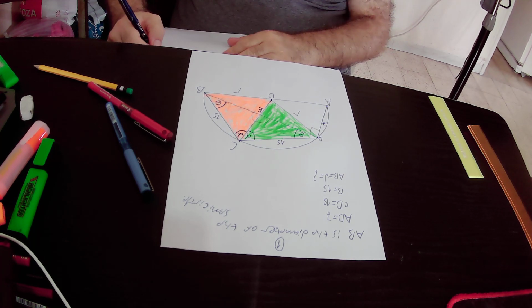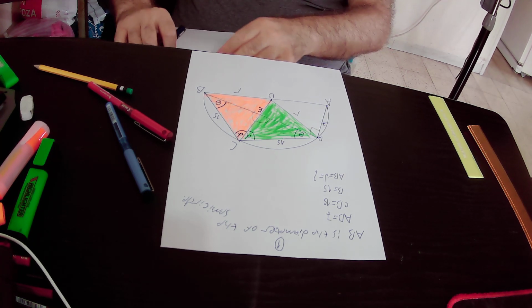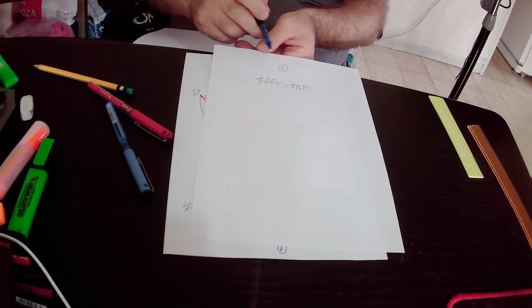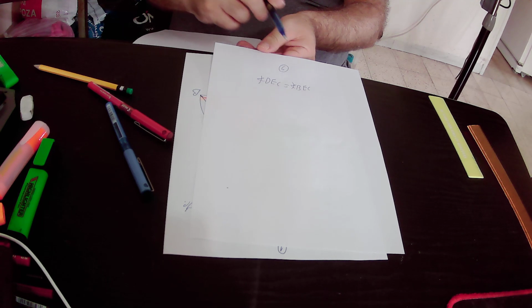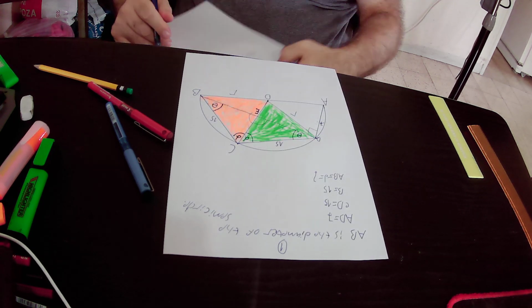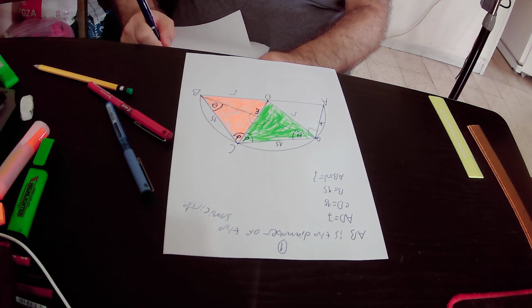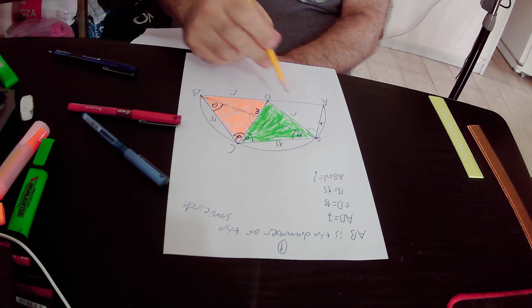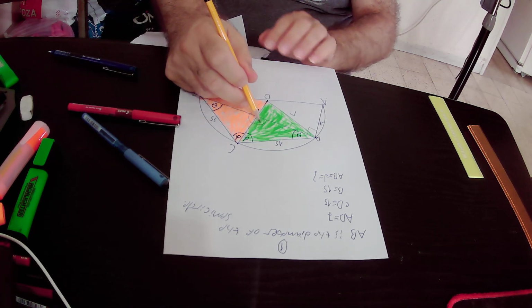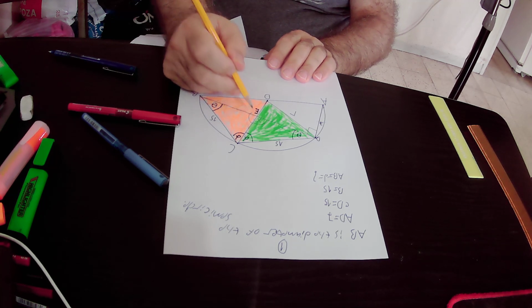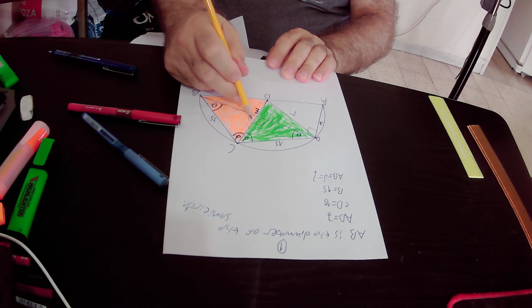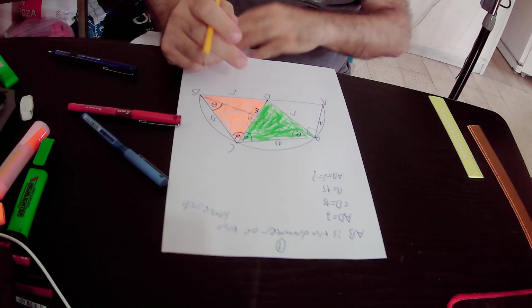And if we define angle DEC as x, then angle BEC will also be equal to x because those two angles are equal to each other.